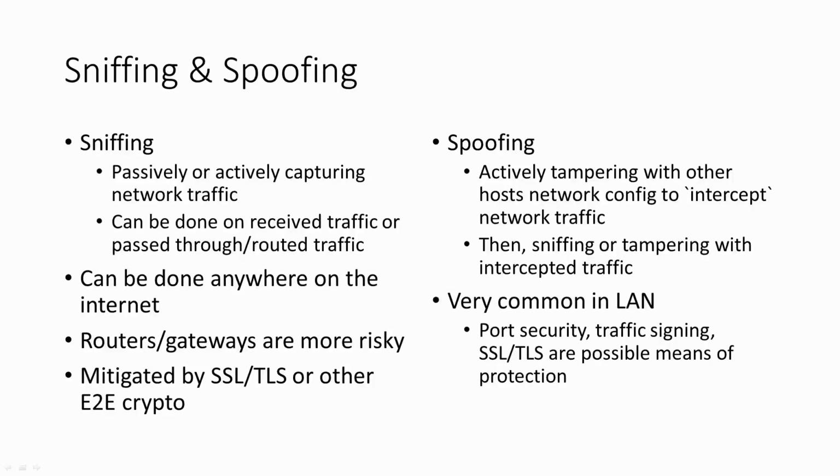Everyone is spoofed, and the traffic is going through the attacker's computer and is effectively sniffed. And if that's required by the attacker's agenda, the traffic can also be tampered with.